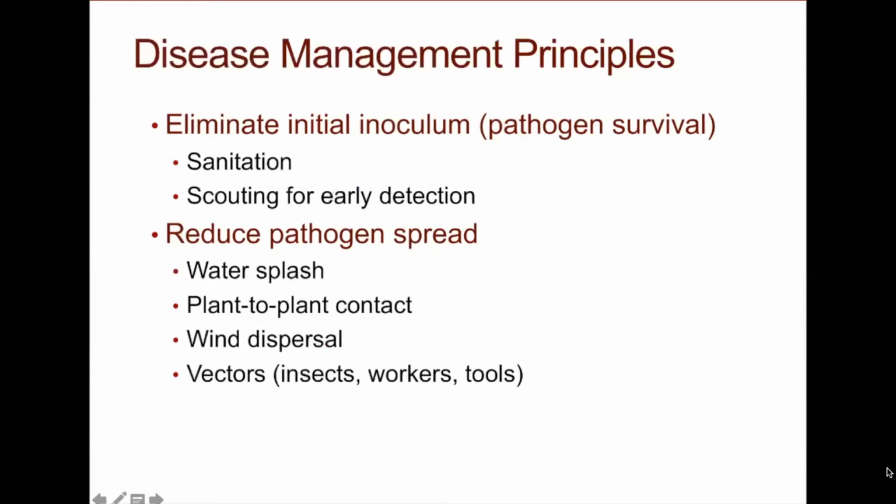You still want to have that good air circulation, but even lowering the intensity of the fan will be beneficial. Lastly, we have vectors, and vectors are usually sucking insects that transmit the virus or different diseases or parasites from one plant to another.